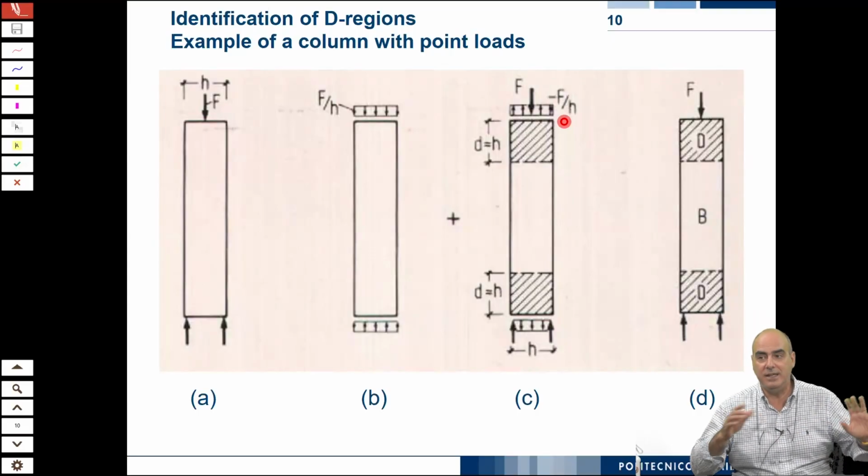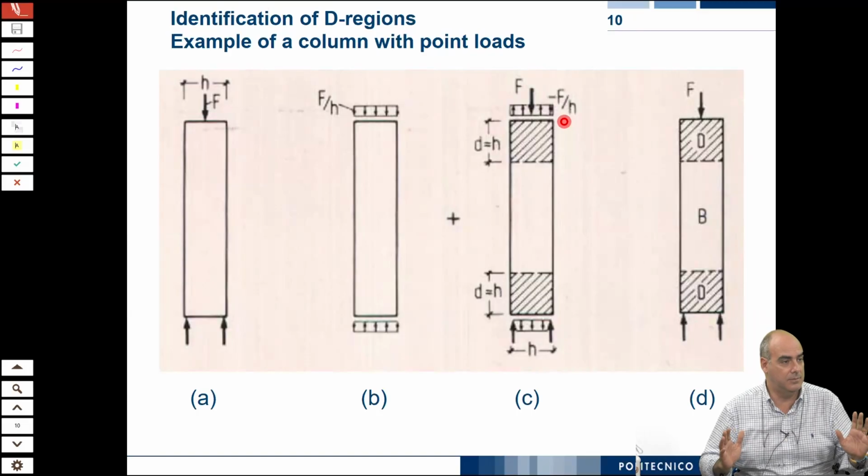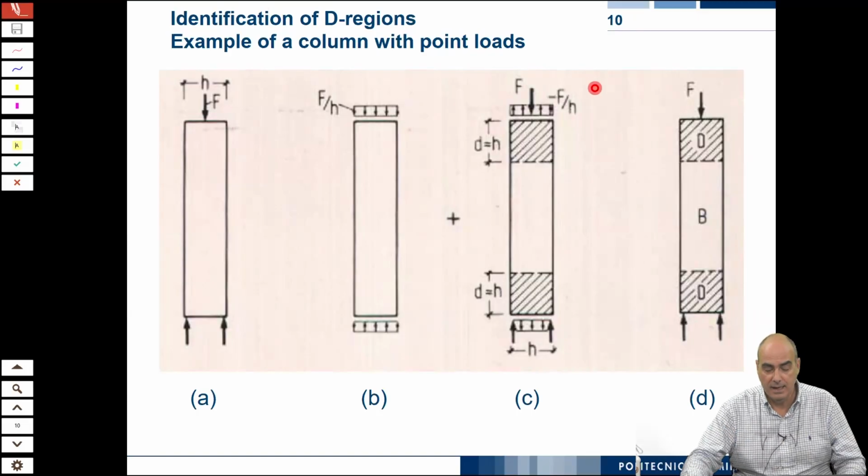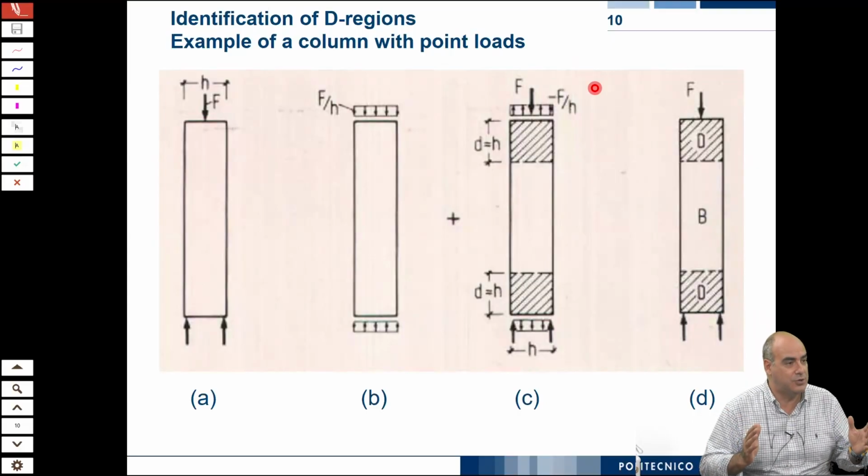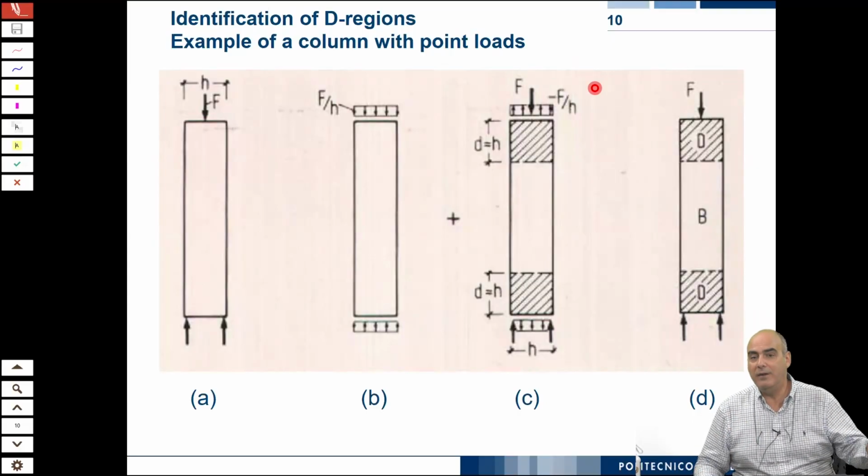You only feel the effect of the resultant force and moment. And how far from the cross section do you have to go? Well, you have to go at a distance from the edge which is exactly equal to the side of the cross section. That is what the Saint-Venant principle states.